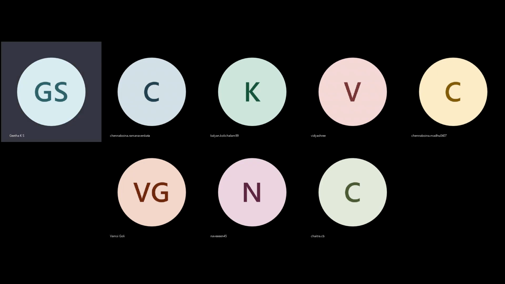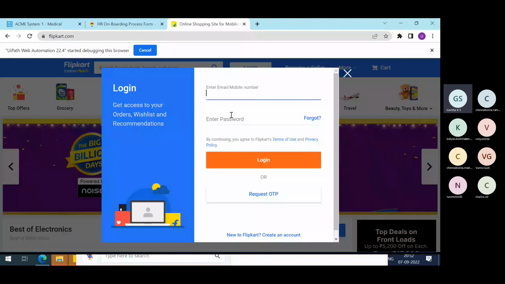No, Vamsi, we are having a good knowledge about variables and arguments today. So you spoke about variables and arguments. In variables, there are a lot of object handlers. Then we were introduced to the assign activity, which is usually for updating the value of a variable. For arguments, it is like passing the values from one scope or flow to another flow, and there are two types, in and out.